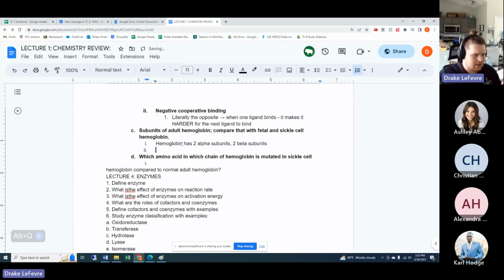That sound familiar at all? I don't remember it being in the book. Okay, I guess he must have talked about it at some point. And then fetal hemoglobin has a gamma subunit. I don't know what it replaces. Let's see what it replaces. It replaces beta.